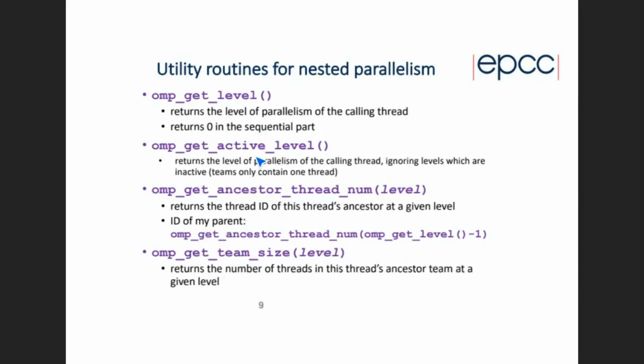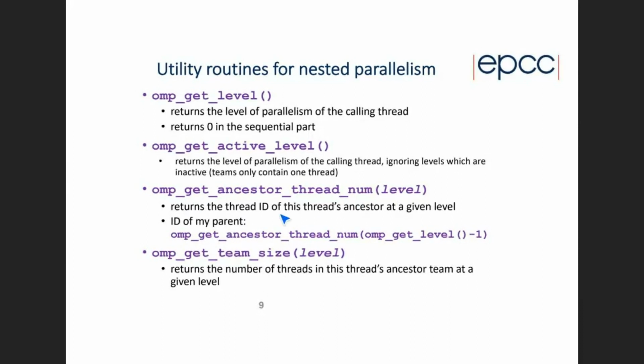The variation of that is omp_get_active_level, which returns the level of parallelism but doesn't count levels which are inactive. In other words, it doesn't count teams that only contain one thread. It only counts levels where you have more than one thread executing in the parallel region. Then you can also figure out where you are in the tree by using omp_get_ancestor_thread_num, and you pass that a level.